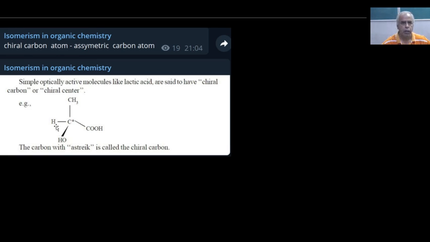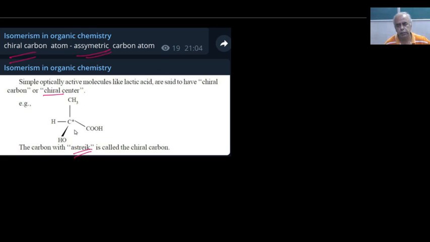So in the case of a chiral carbon atom, as I already told, it is also called chiral carbon atom or asymmetric carbon atom. So let us consider this one C, and this is known as the chiral center. Okay, so that is marked by the asterisk. So in this case, the carbon atom is attached to different atoms, and that is why it is a chiral carbon atom or asymmetric carbon atom.